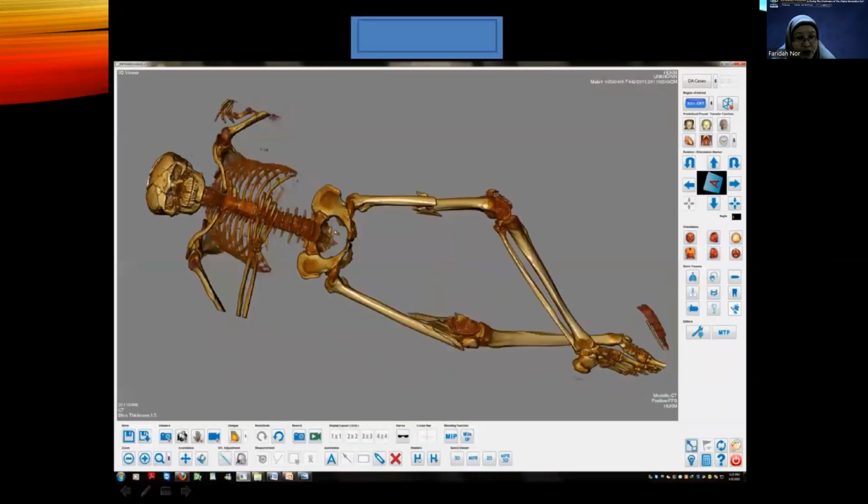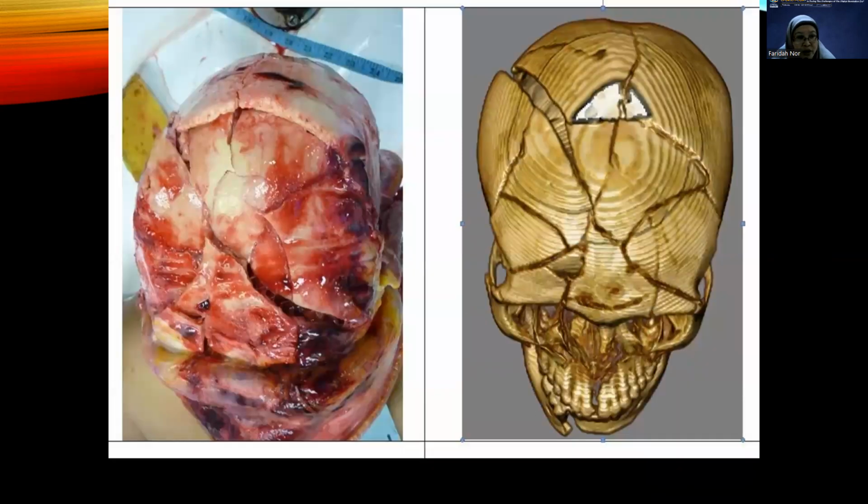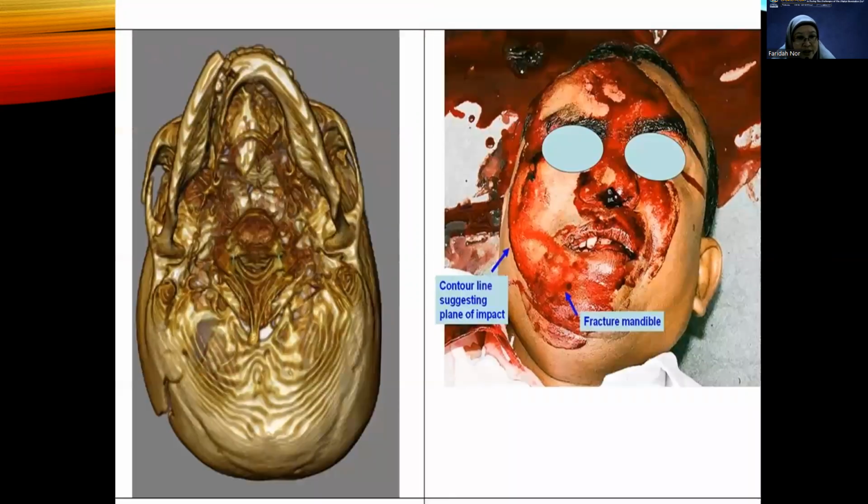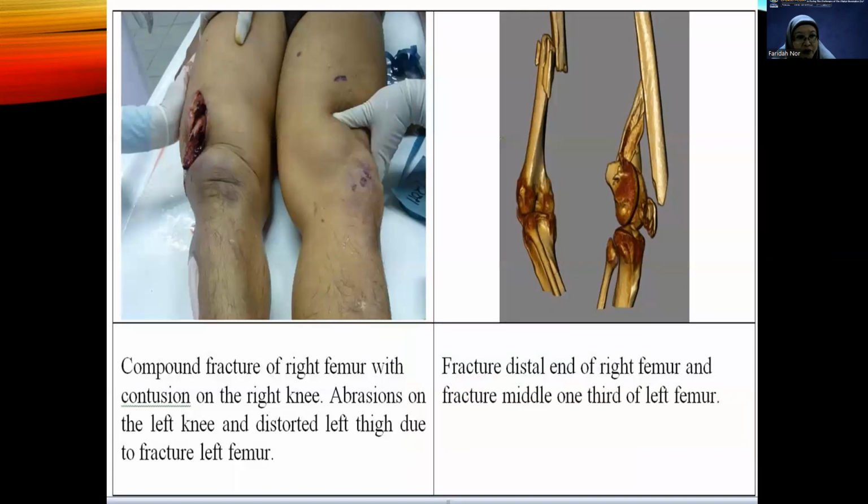And we took off the soft tissue to show you the fractures of the bone. This is a fracture on the skull, the insets showing the deceased person and the contour line suggesting the impact, and a compound fracture of the femur due to the impact on the legs.